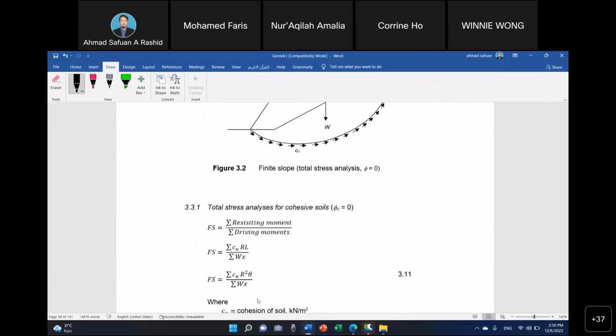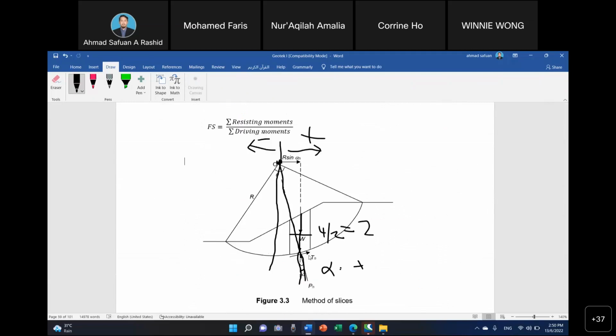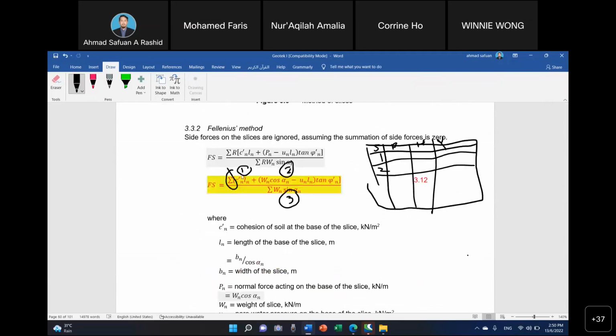We have three sub-equations. The first one is CL, the second one is W cos alpha minus UL tan phi, and the last one is W sin alpha.